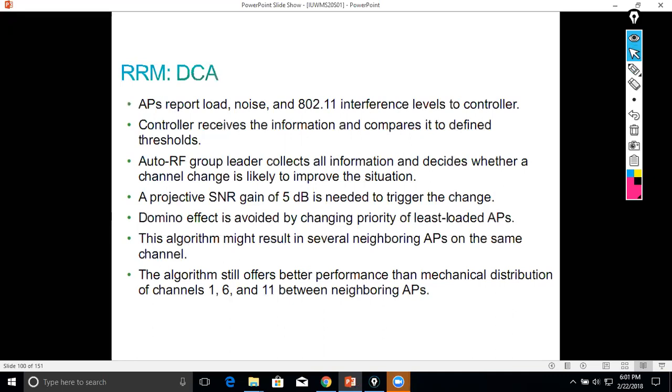This is how the controller decides whether or not to change the channel as per the noise values. This information is important.